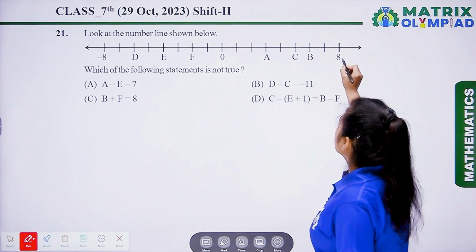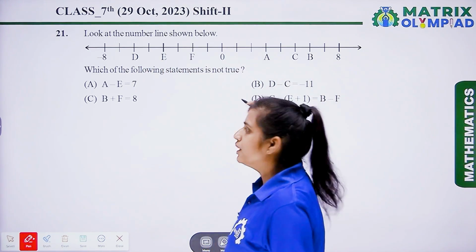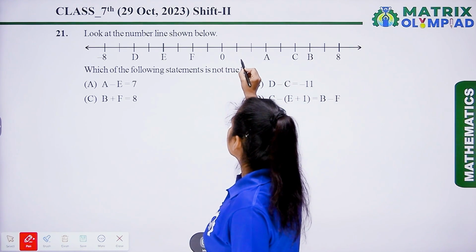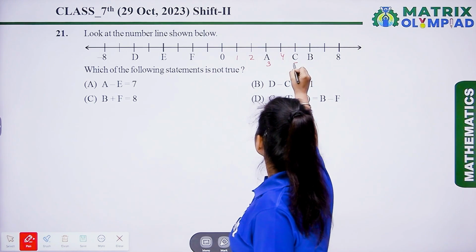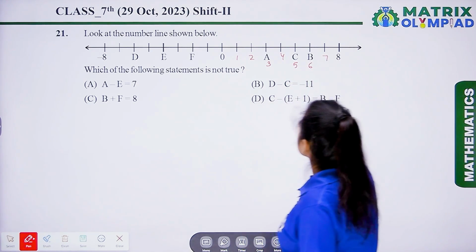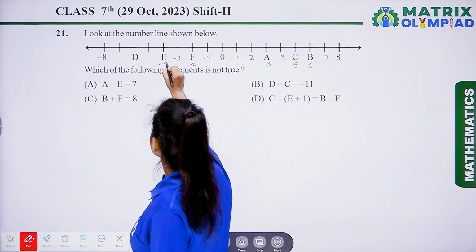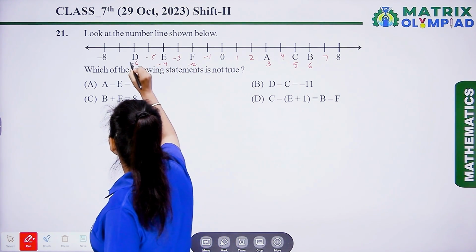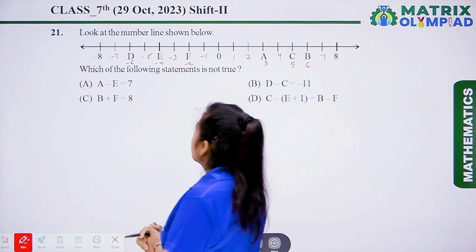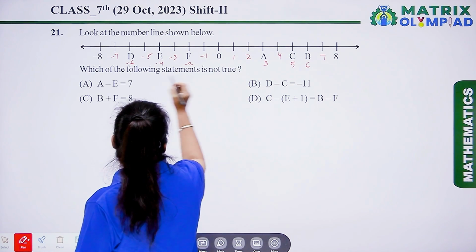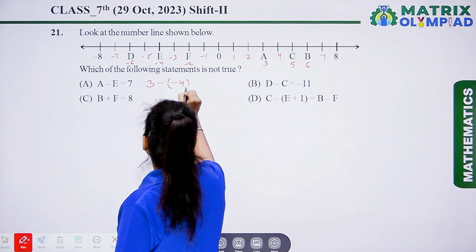First of all, we are going to write down all the integers in the number line so that we can find out the correct answer. Now let's solve option A. A minus E. A is 3, minus the value of E, which is negative 4.